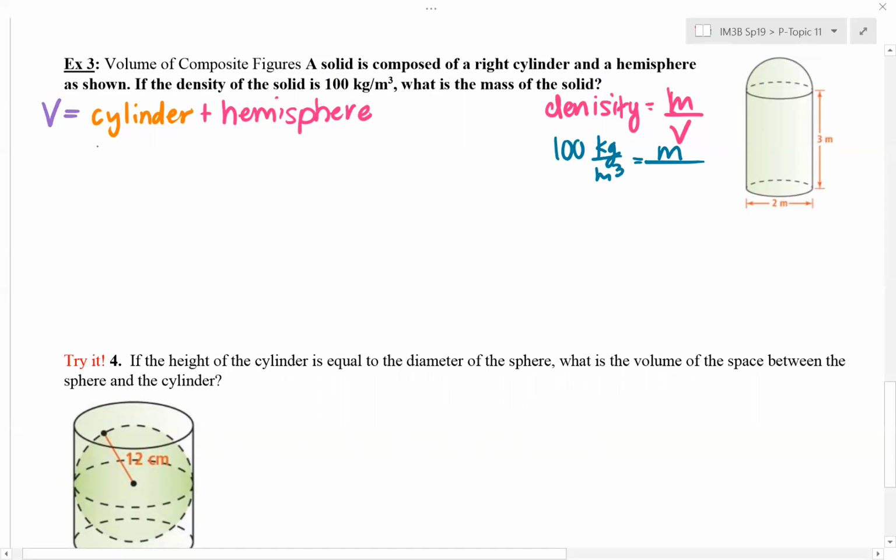Okay, so we just talked about the formula for volume of the cylinder. It's pi times radius squared times height. And then for a hemisphere, we said it is 2/3 pi times radius cubed.